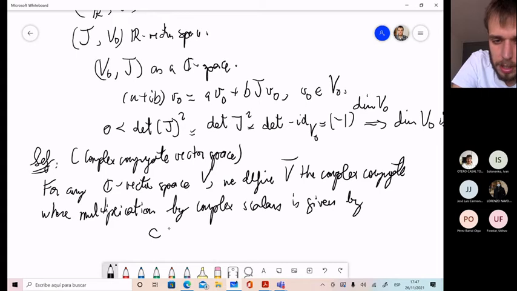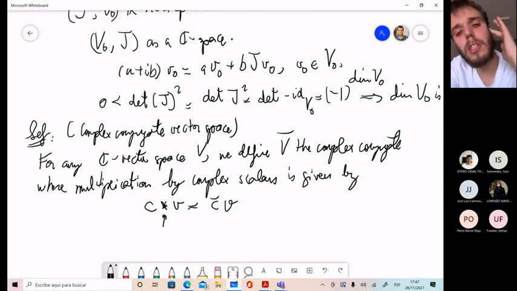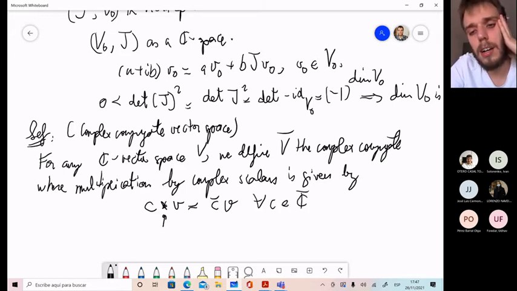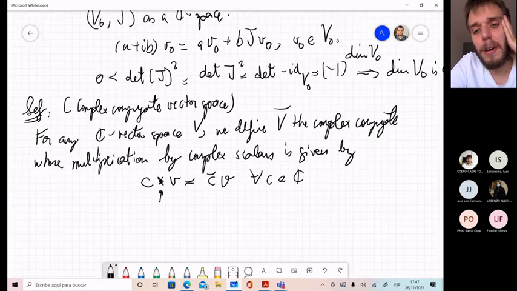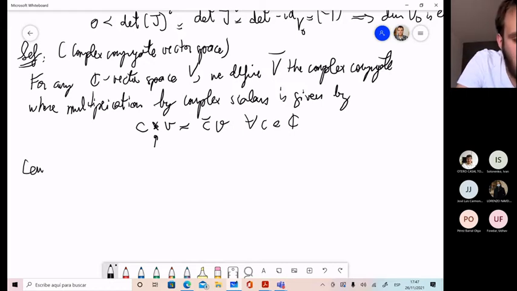We have a complex scalar, and this is the new multiplication in V bar. What we do is the old multiplication, but we put c bar here, and we do this for every complex number. So I'm going to prove a lemma concerning this.